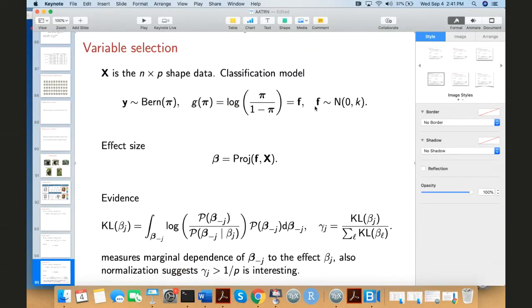Now, what you get out of this is a Gaussian process, or some people like to call it a kernel model. In other work we've done, we figured out a way to get the analog of what's called an effect size. For all the people out there who've done linear regression, y is equal to beta transpose x, and the classic formula for estimating beta is (x transpose x) inverse x transpose y.